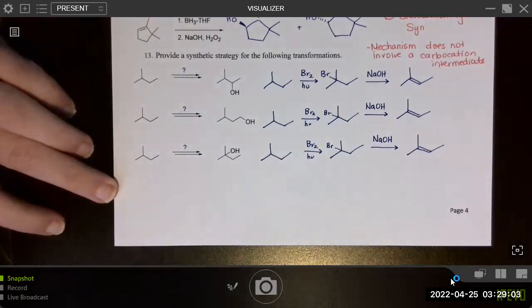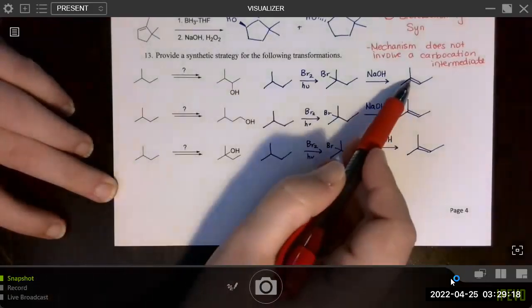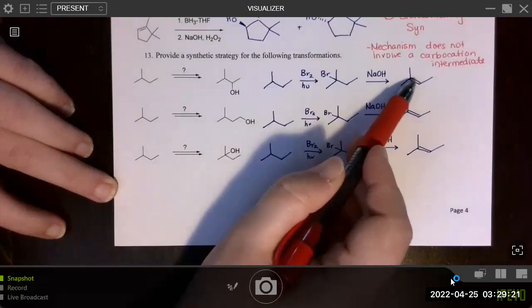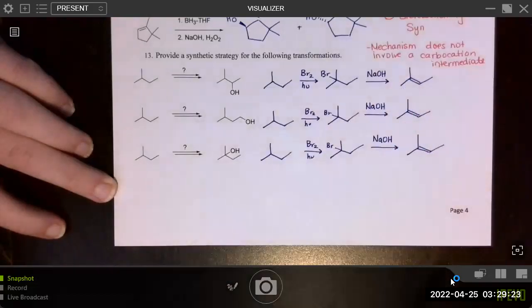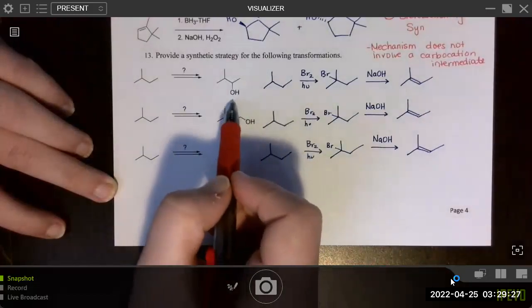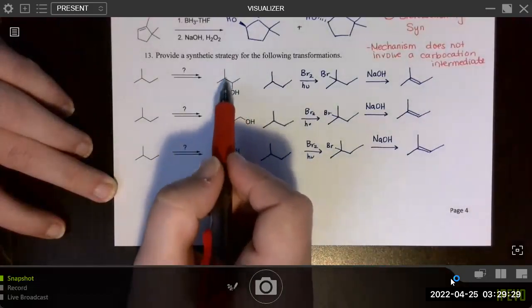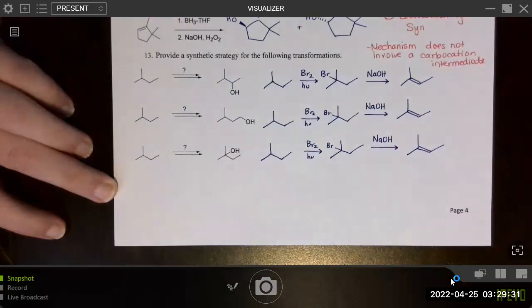All right, so now some of these we can get directly from this alkene, and then others we might need to do a few more steps. So from this point, it looks like we need to add H and OH across the double bond. We want it to go anti-Markovnikov. And we are forming a stereocenter. However, nothing is indicated, so it's probably a racemic mixture. It will be in all cases anyway.